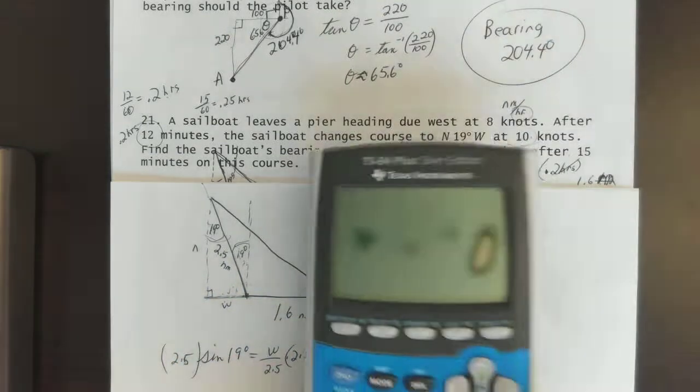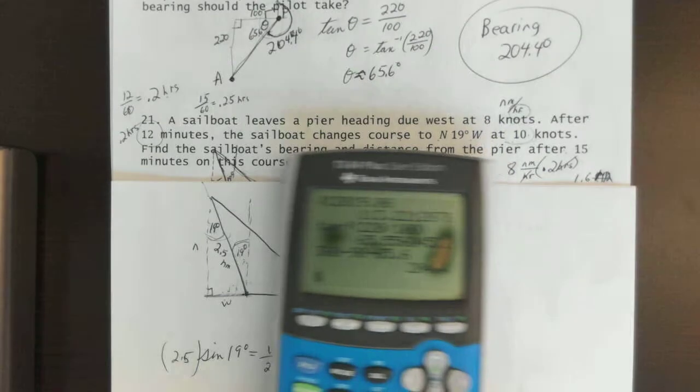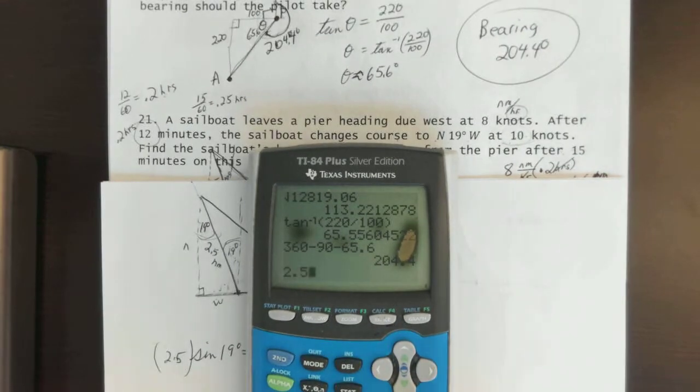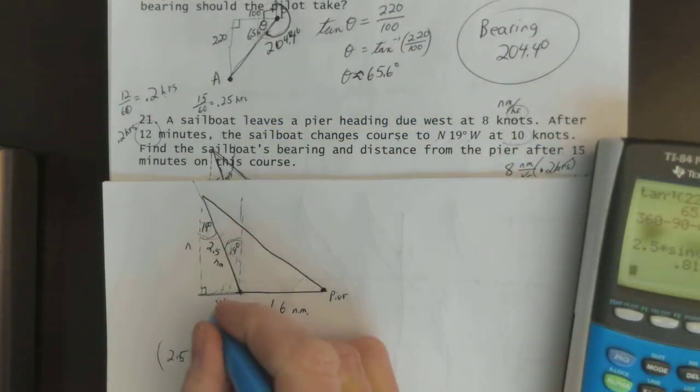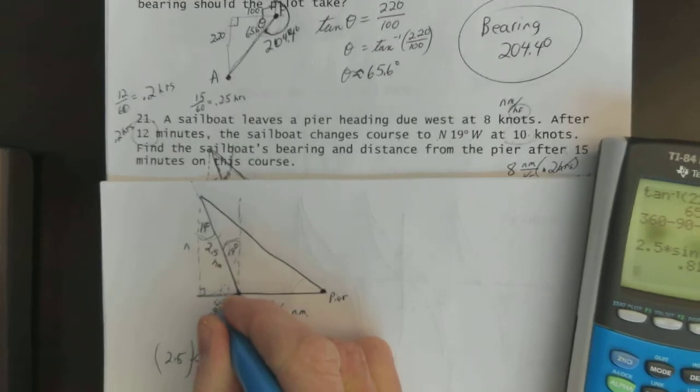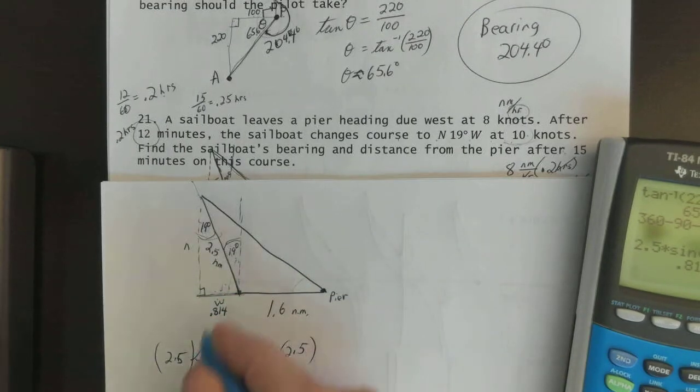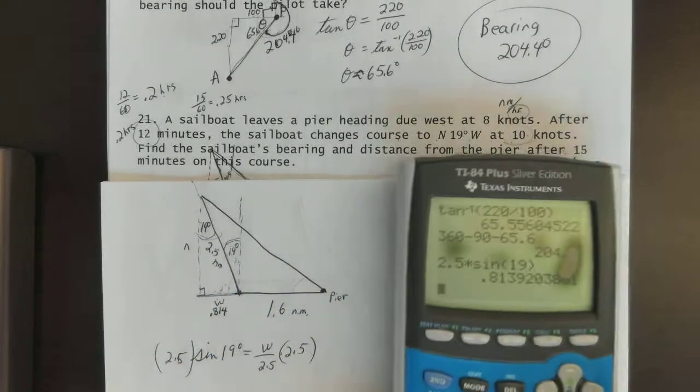And let's figure what that is real quick. 2.5 times sine of 19 degrees is 0.814. So that's 0.814.